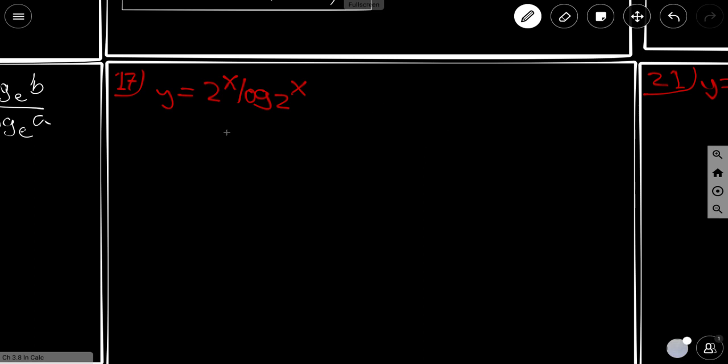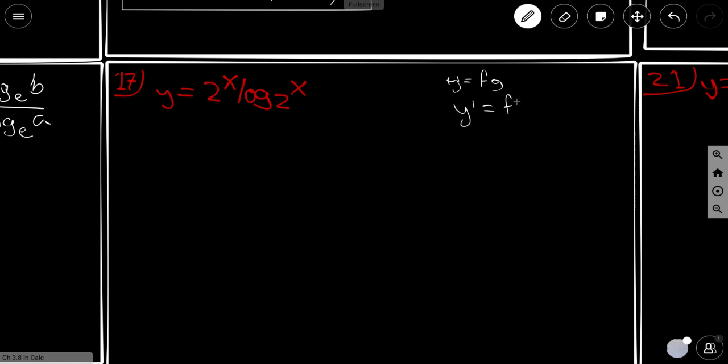Well, let's go ahead and start off. This is going to be the product rule. I think that's the wrong notation. You can't use dy over dx if you have f and g.